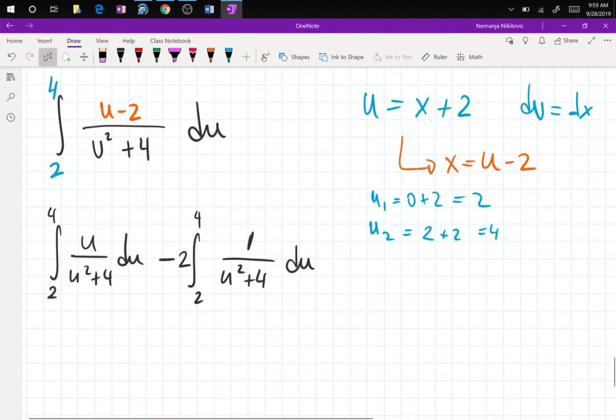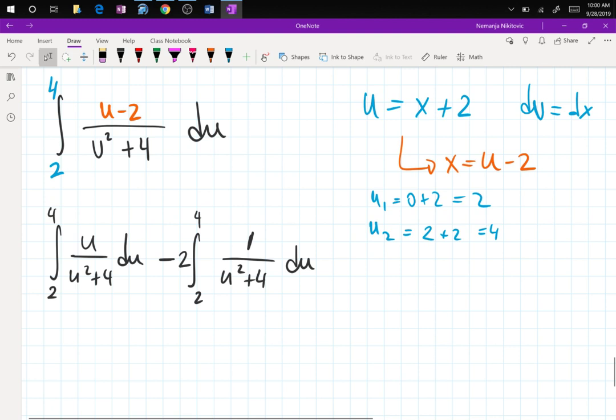So since we have u minus 2, we split into 2 separate fractions with a common denominator of u squared plus 4, and each one of them gets their own integral from 2 to 4. And all we need to do is to solve each one of these individually, and we're done.